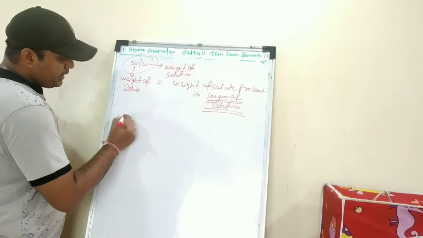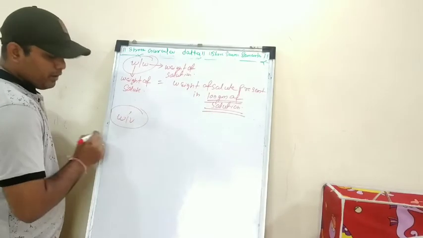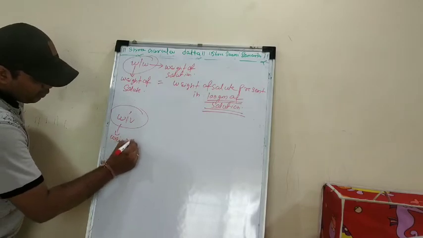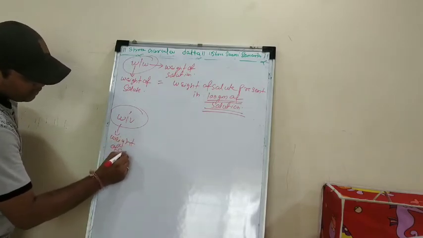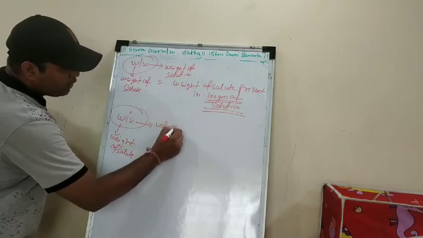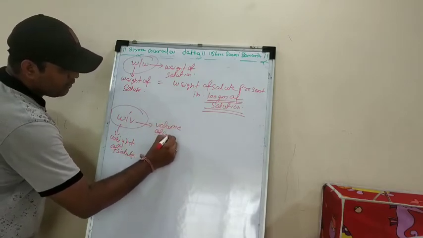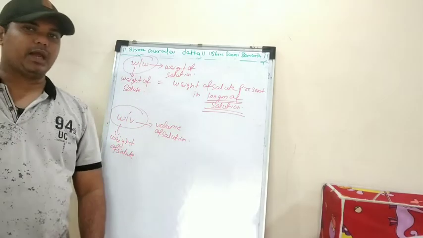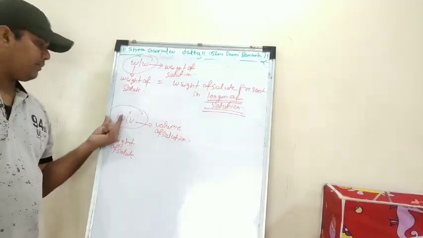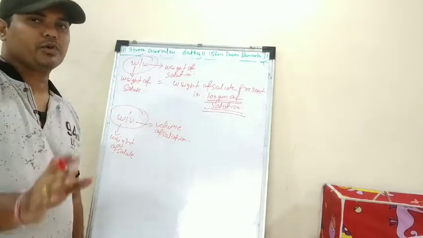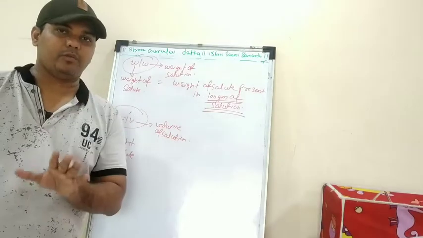Now next is the W by V method, right? Now what is this W? This W is again the weight of solute, and this V is volume of solution. So my dear students, you are understanding it. Again, this W is the weight of solute, this V is the volume of solution, not the volume of solvent, right?